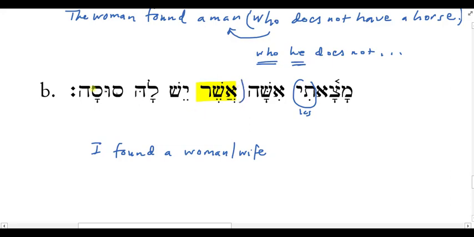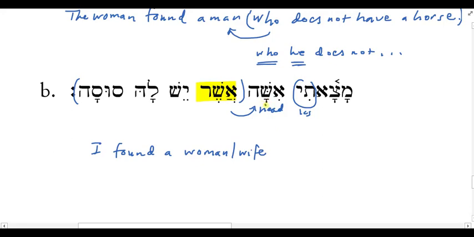Good. And then I have an "asher" clause. So usually, when the "asher" introduces a relative clause, it goes right after the head. So what might be the head here? "Isha." Good. So that's probably my head, and that's probably what the "asher" clause modifies.